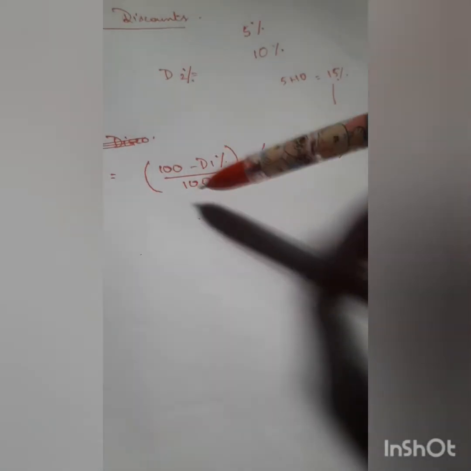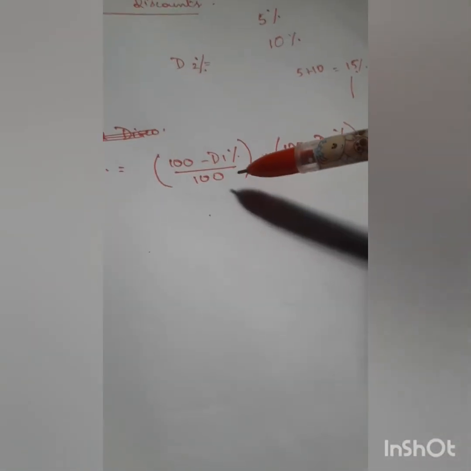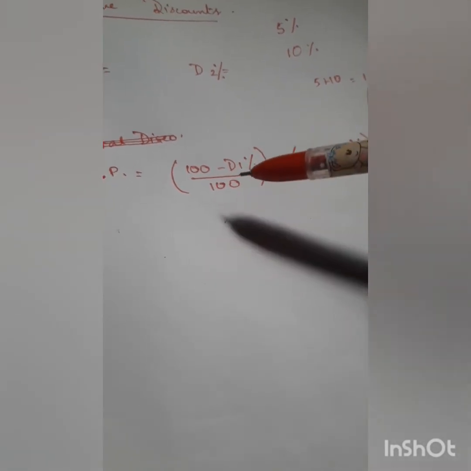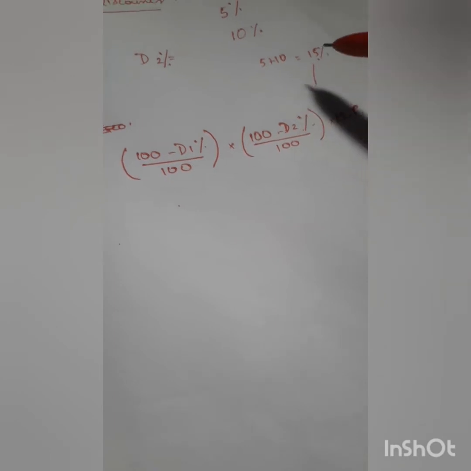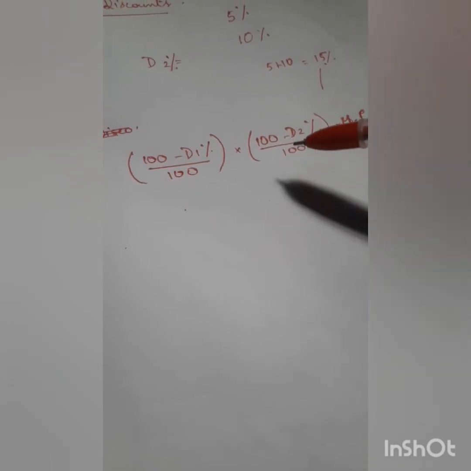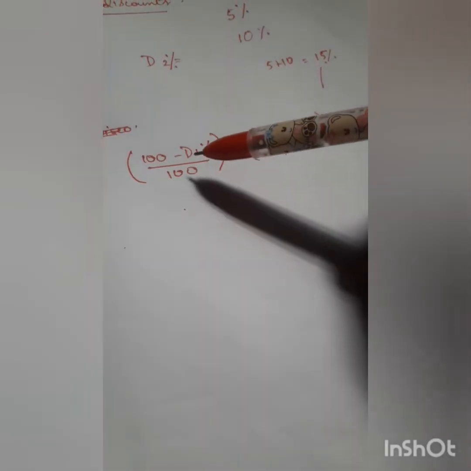You will have to use this formula of 100 minus D1%, that is the first discount, then the second discount, and if any other discounts are there, then also you have to use this formula: 100 minus D1%, 100 minus D2%, 100 minus D3%, and so on.